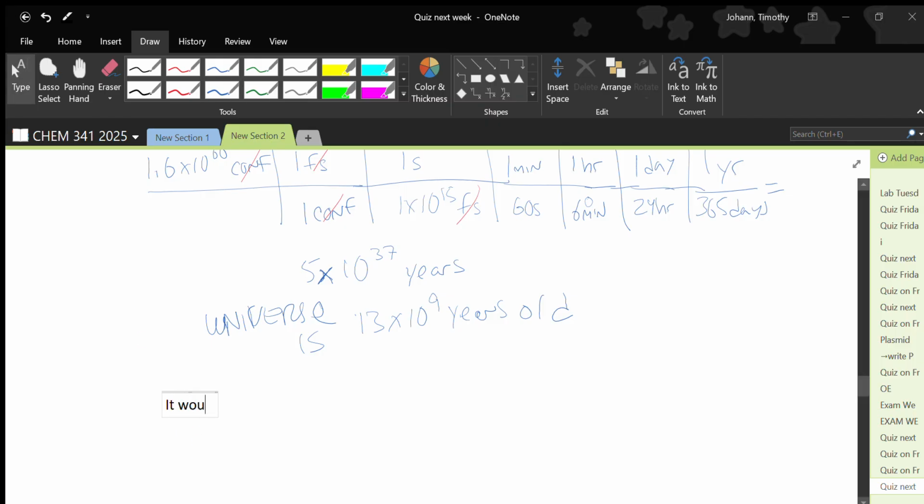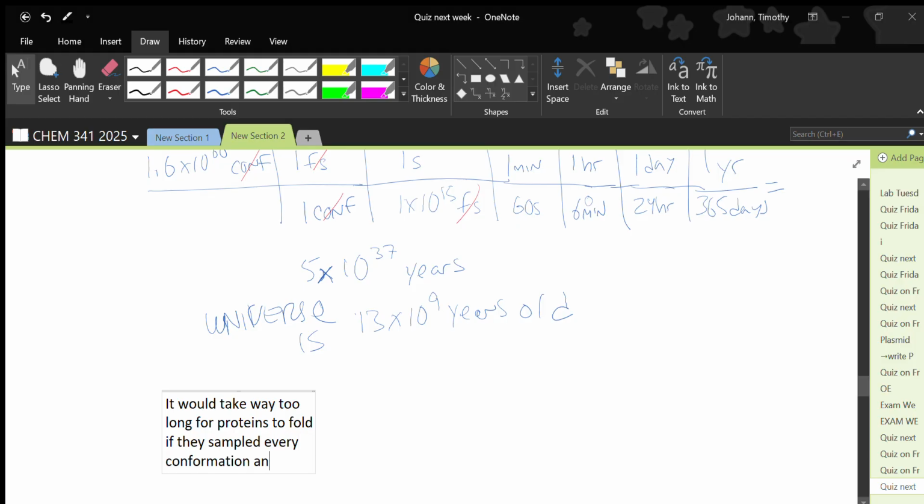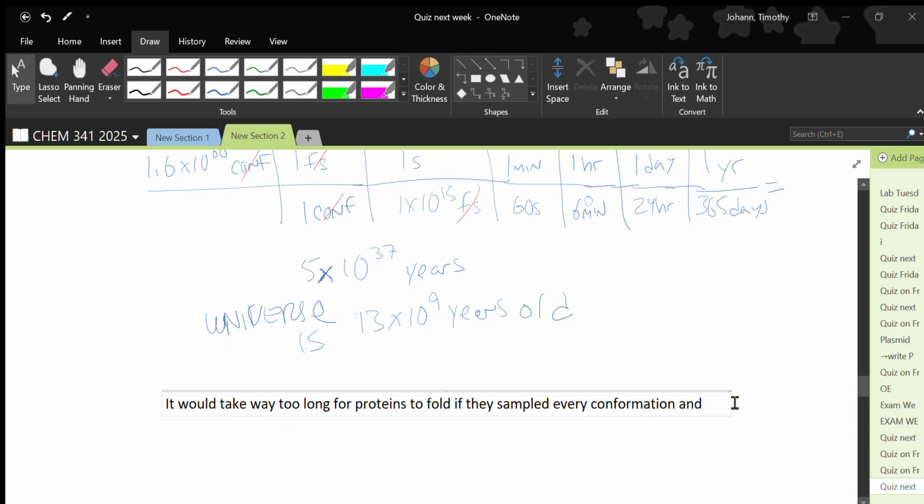It would take way too long for proteins to fold if they sampled every conformation and then stuck with the most stable one.